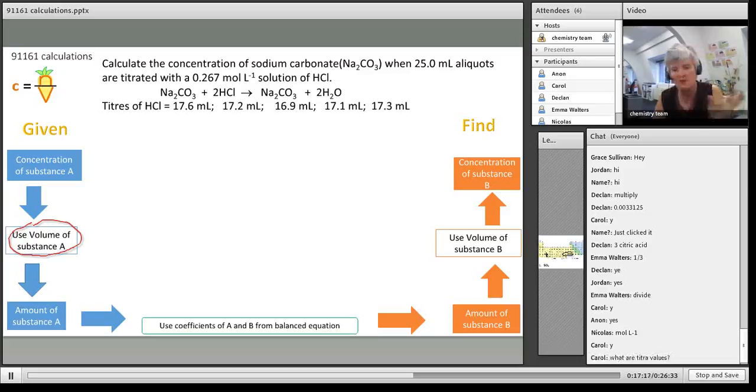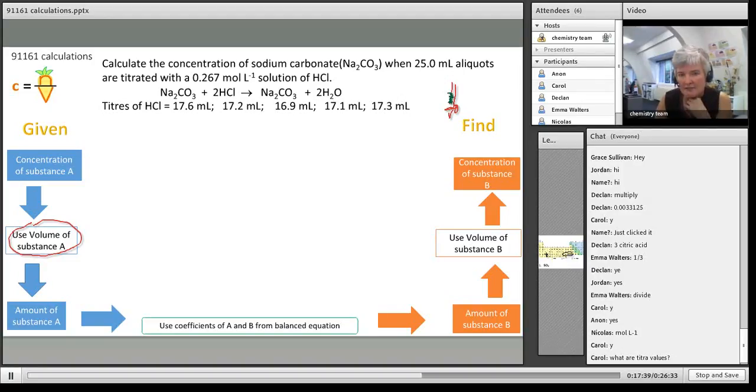So if you were doing the titration, right, Carol, good question. When you do a titration, then you've got your burette, which is your long tube with a tap on the end, okay, and you add in the titration, you add a certain volume of substance.